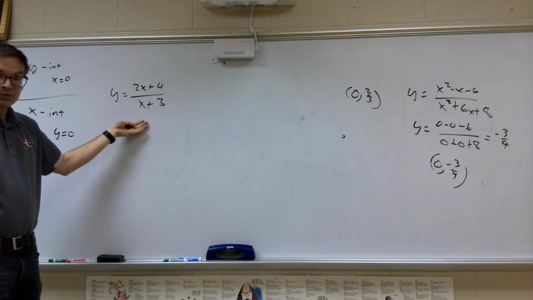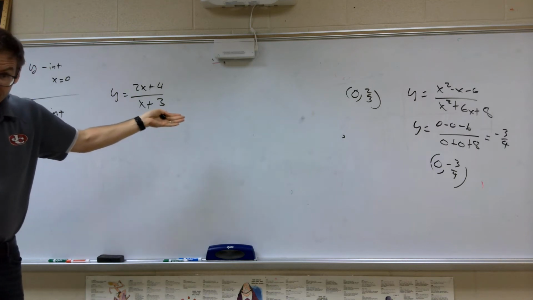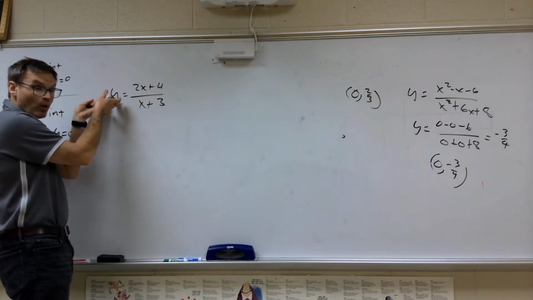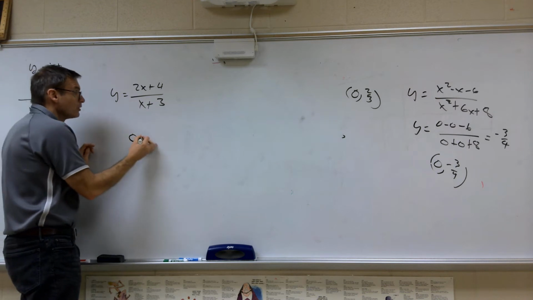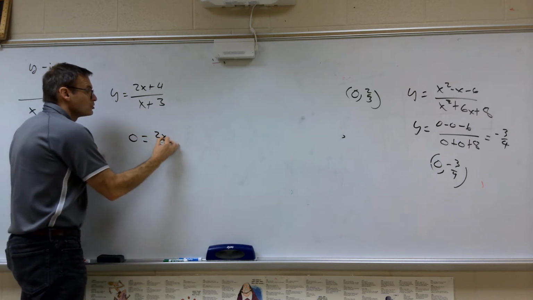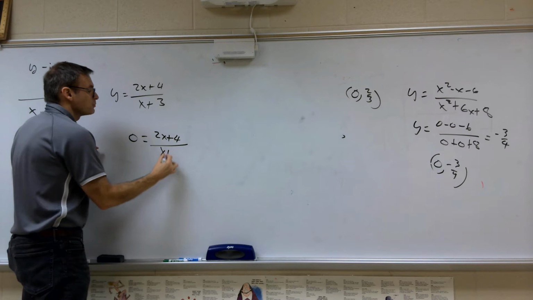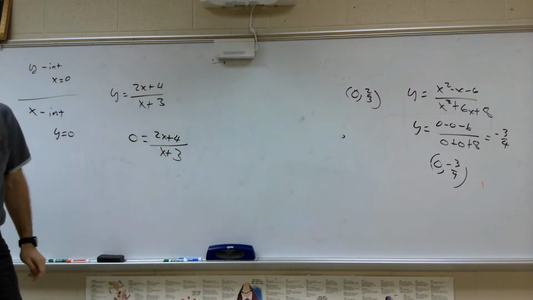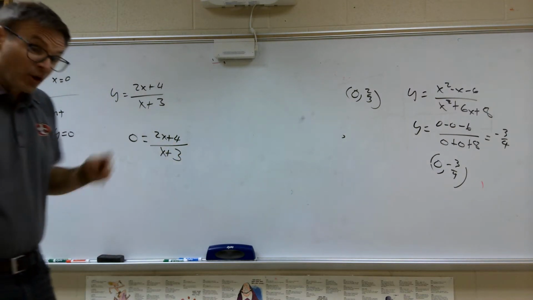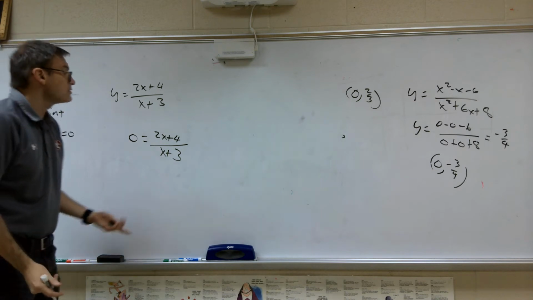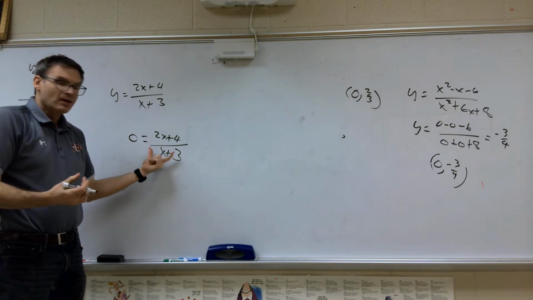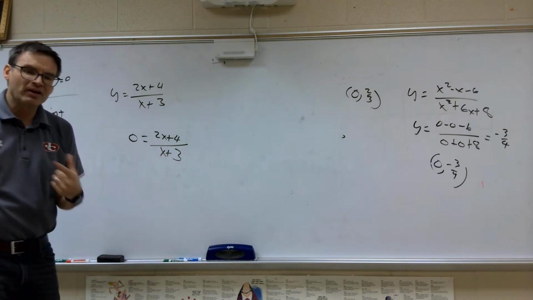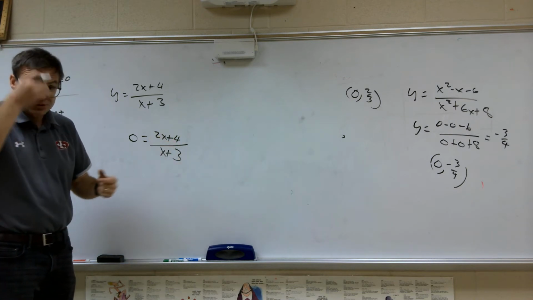So if I want to go through this and find my x-intercepts, I set y equal to 0, so that's going to give me 0 is equal to 2x plus 4 over x plus 3. Now I know it's been a month, but how do you set a fraction equal to 0? Well, the only way a fraction equals 0 is if the top part equals 0.